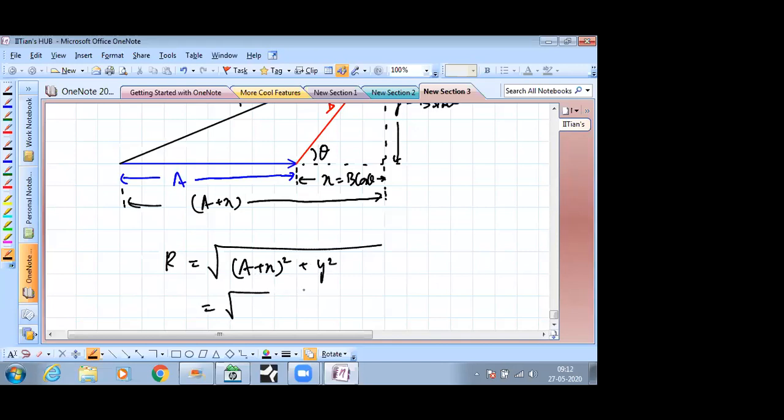So now just substitute the value of x as b cos theta and the value of y as b sin theta, and now expand this. Okay, use algebra to expand this and you'll see it will reduce to something much easier.